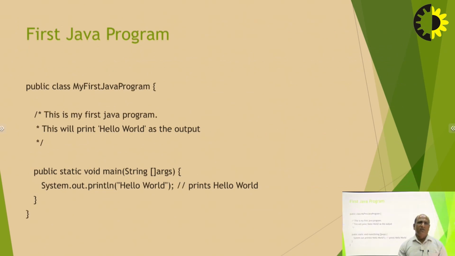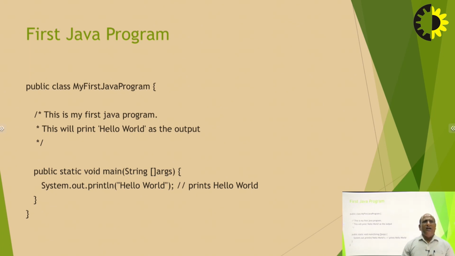This is the first program. When we want to write code in the Java language, you can create a class by writing the class keyword. A class may be public, private, protected or default, which we will see later.